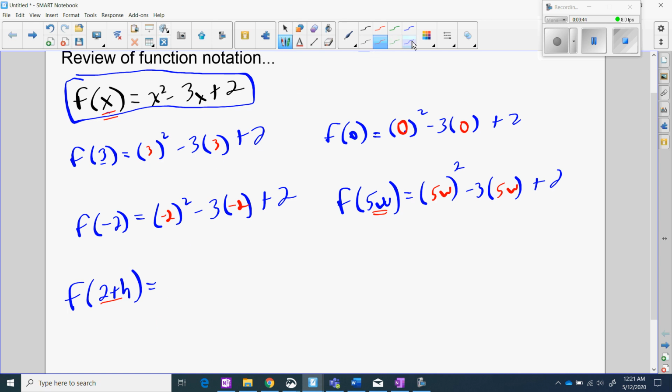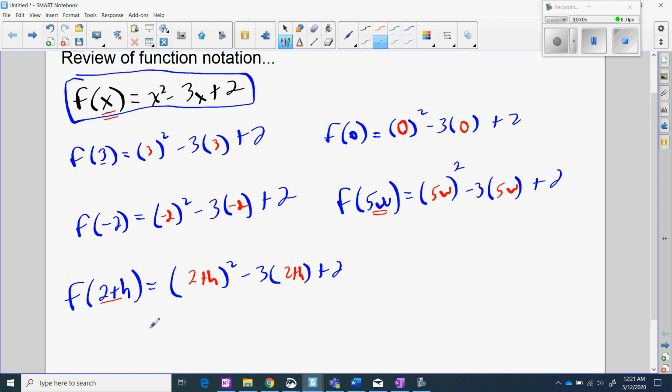So it would look like this. Bracket squared minus 3 bracket. I'm making the bracket a little bit bigger because I know that I'm going to have to put 2 plus h in there. And then I simply replace the letter x with a 2 plus h.